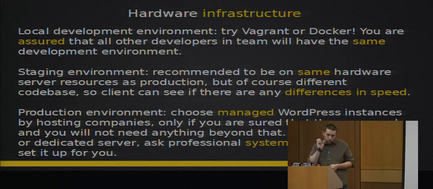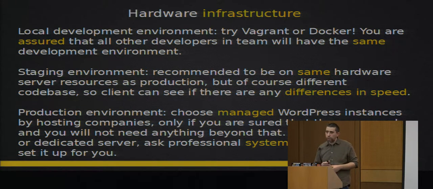Staging environment. Now, this is maybe wrong, but I like to do it. As a rule I stick to, I recommend it be on the same server as the production environment. Why is that? Primarily a matter of speed.